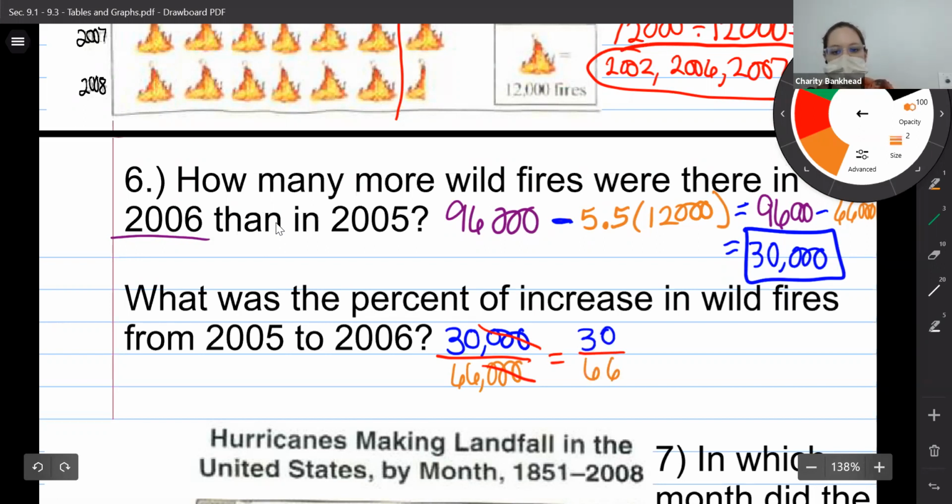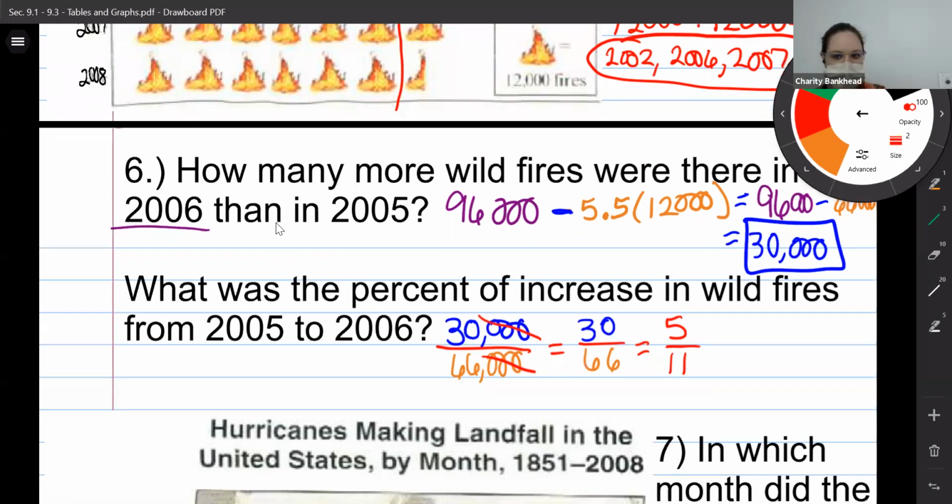I can reduce that by 6. 6 goes into 30 5 times, 6 goes into 66 11 times, so 5 over 11. And I want to change that to a percent, so I have to divide 5 divided by 11.